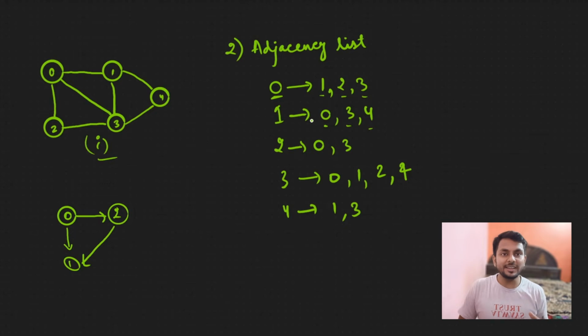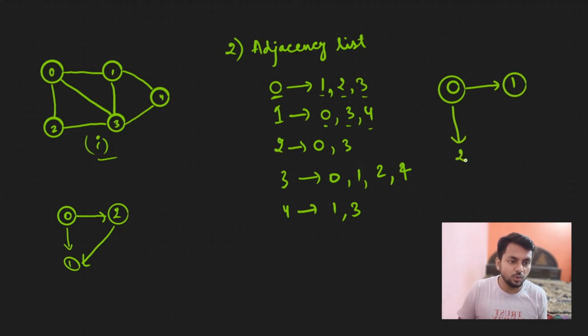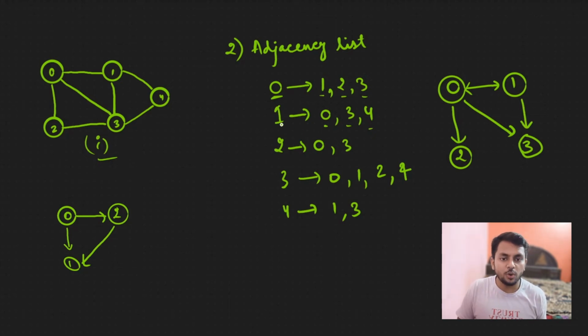Now, how do we build the graph with the help of this adjacency list? It is very simple. From 0 there is an edge to 1, to 2, and to 3. From 1 there is an edge to 0, to 3, and to 4.